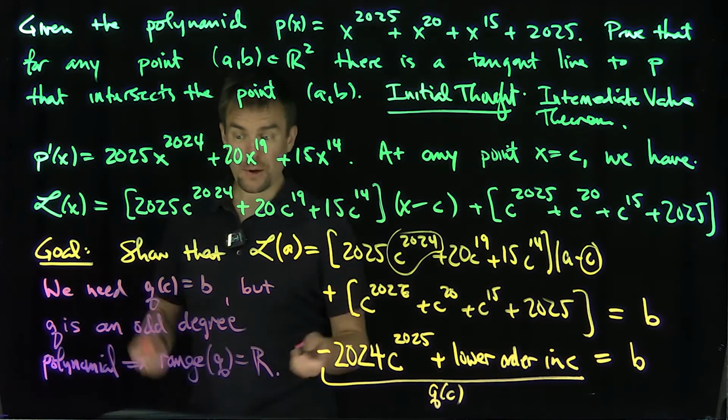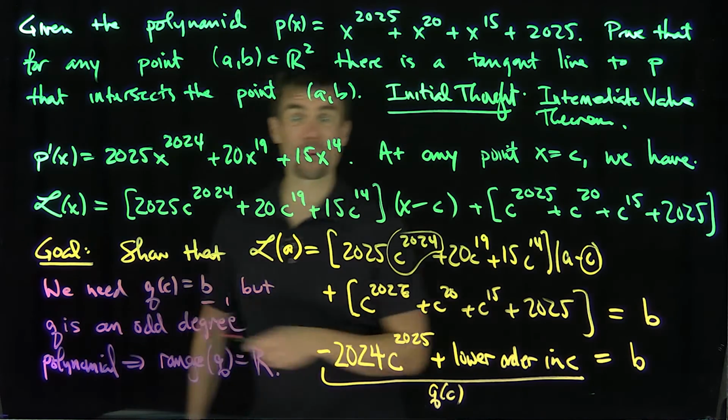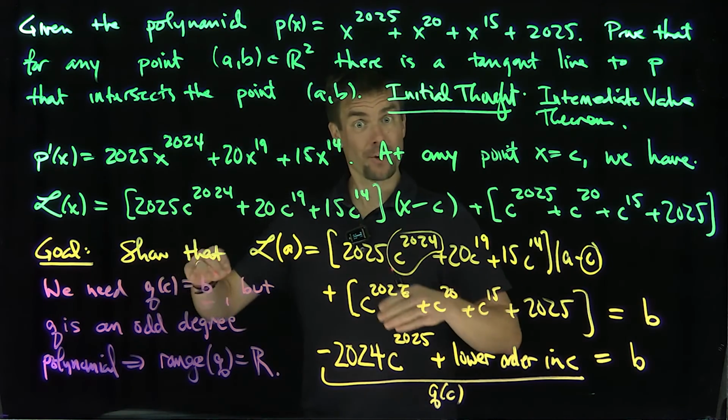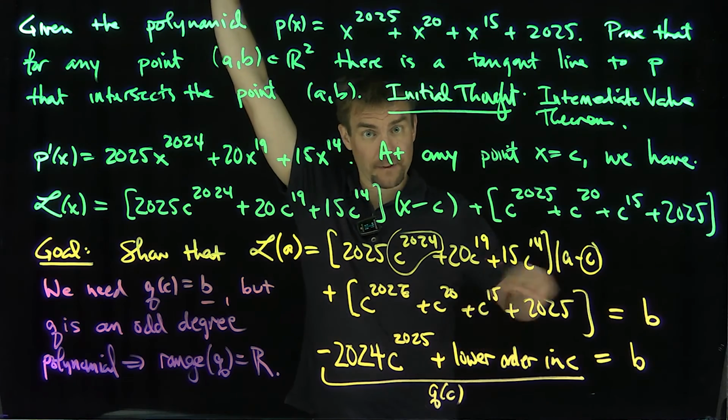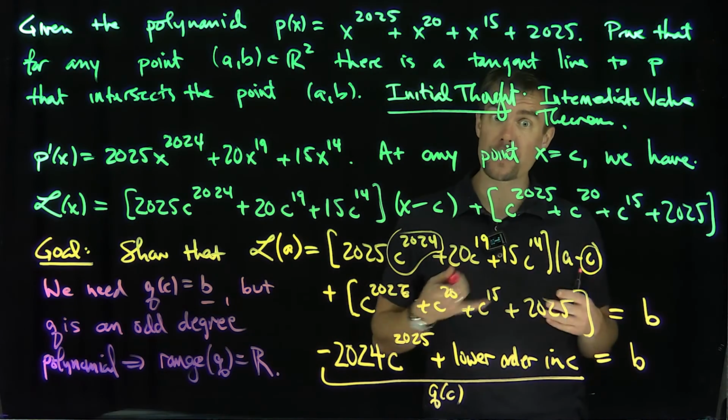If the range of Q is R, I can certainly find a value of C for which Q of C is equal to B, because it's an odd degree polynomial. It either goes from positive infinity to negative infinity or negative infinity to positive infinity. It's a continuous function. There's my intuition with the intermediate value theorem.